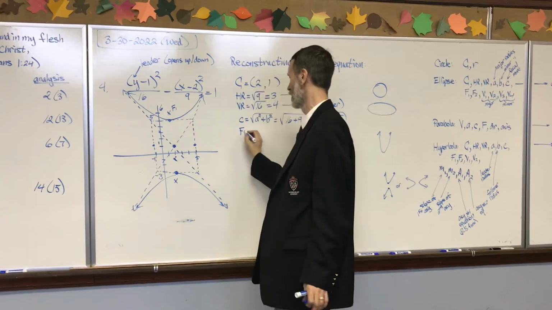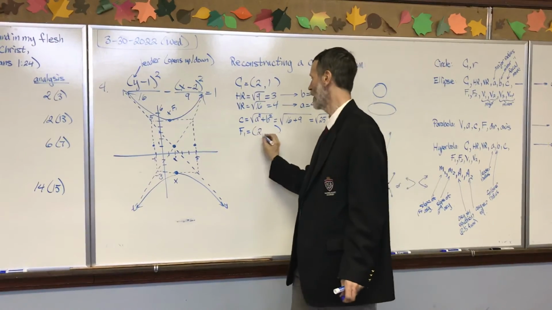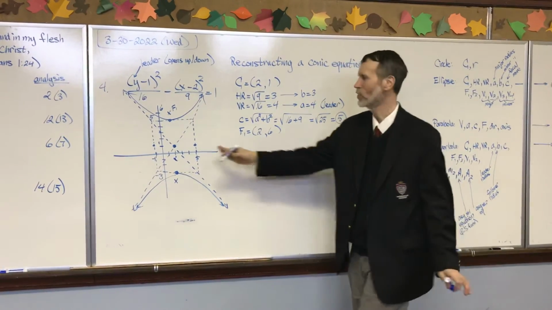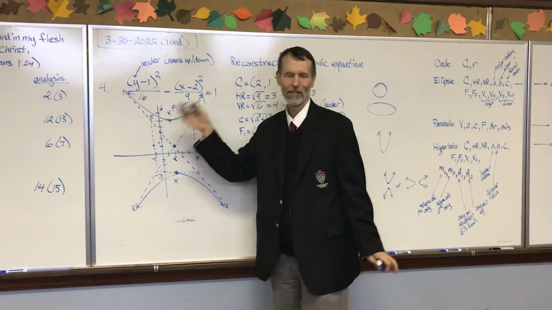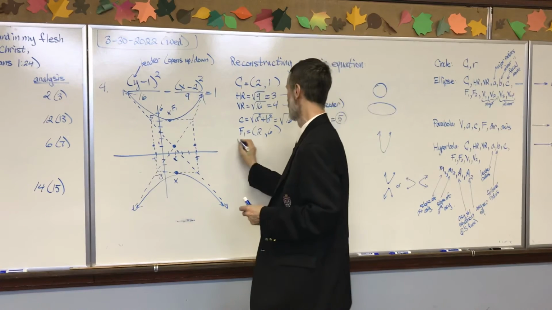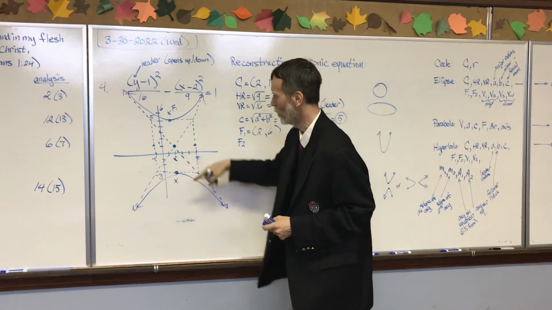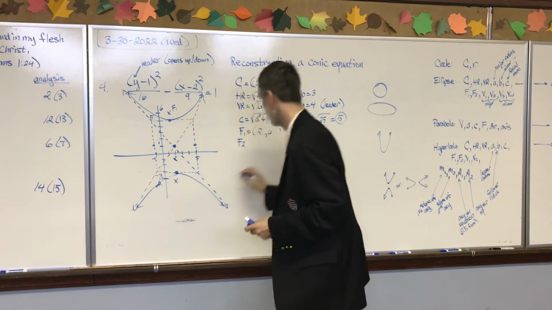Give me the coordinates. 2 comma 6. It was 2 because it was already over 2 for the center. 2 comma 6 because it's up 5 spaces. Give me the other one while you're at it. We're at a height of 1. 2 comma negative 4. Good.